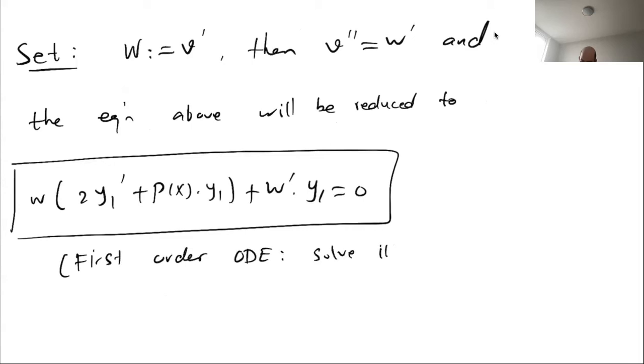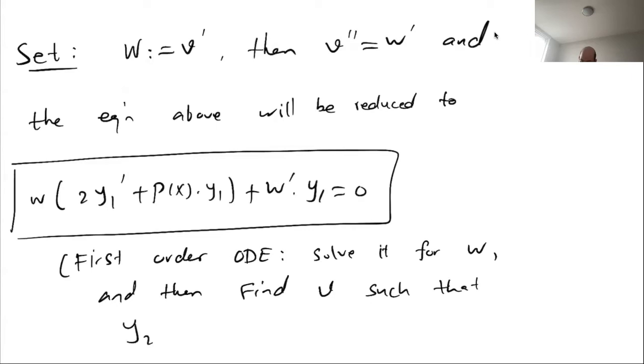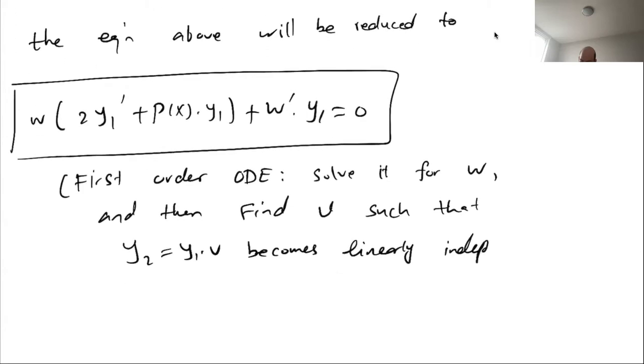Solve it for w, and then find v such that y2 equals y1 times v becomes linearly independent with y1.